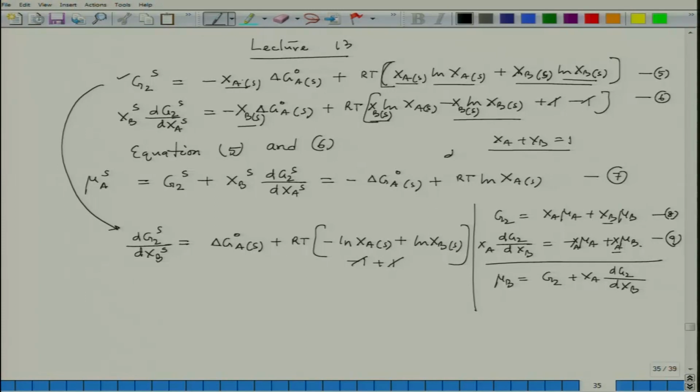So, now dXB of XA solid ln XA solid would be equal to minus ln XA S minus 1.